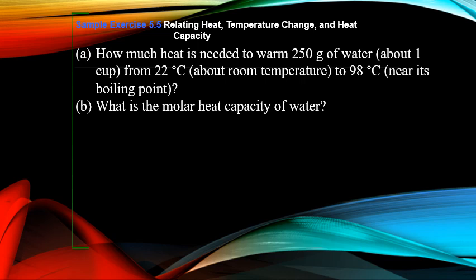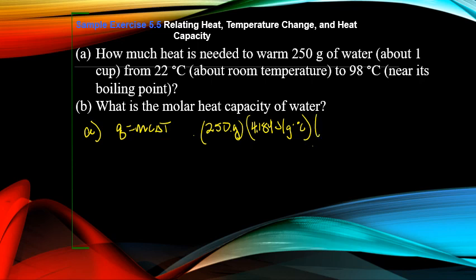So in part A, we want to use our Q equals MC delta T equation. And as we begin the process, again, I have 250 grams of water. From the table, we know that the specific heat of water is 4.184 joules per gram times degrees Celsius. And then we have a delta T in this case equal to 98 for my TF minus 22 degrees Celsius for my TI.